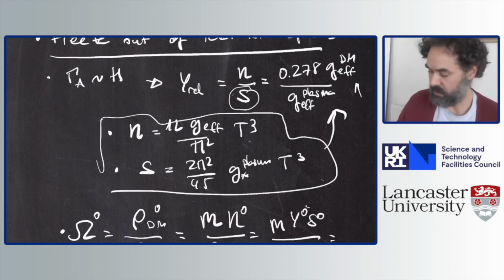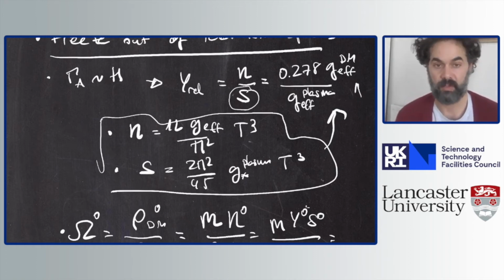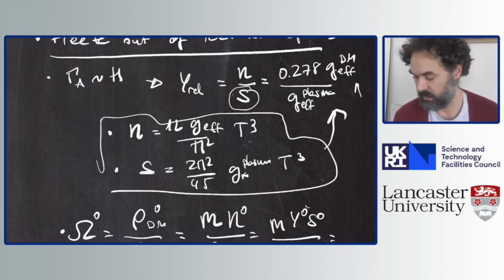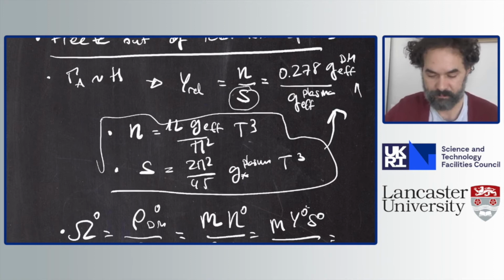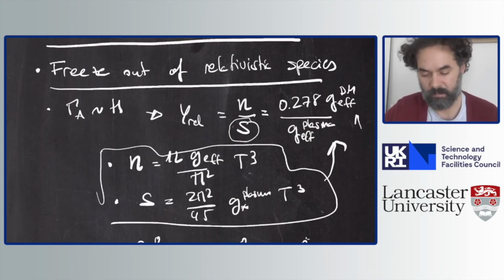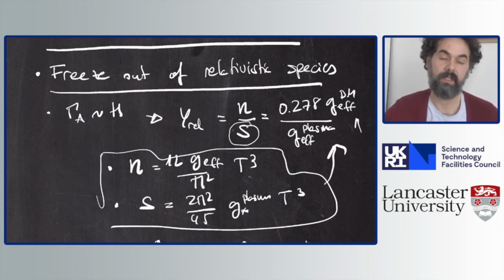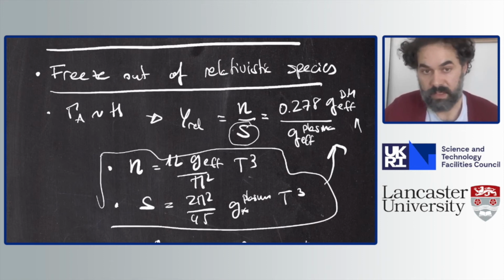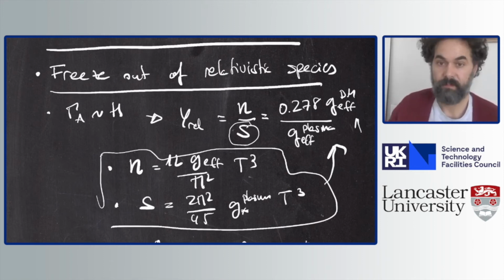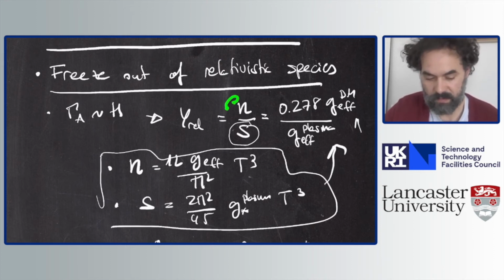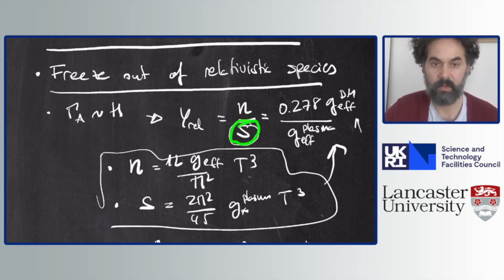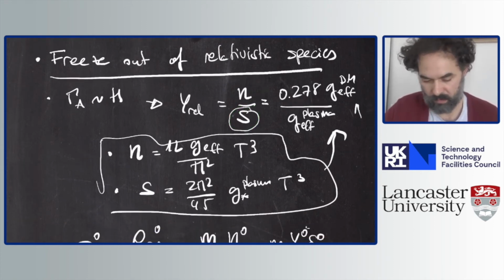What we want now is to understand the final yield for some of these models. We're going to start with the yield of relativistic species. That means a particle for which the rate of interaction is of the order H when the particle was relativistic. When the particle was relativistic, the number density is what I just showed you before, and the entropy per unit volume is also a quantity we have seen before.